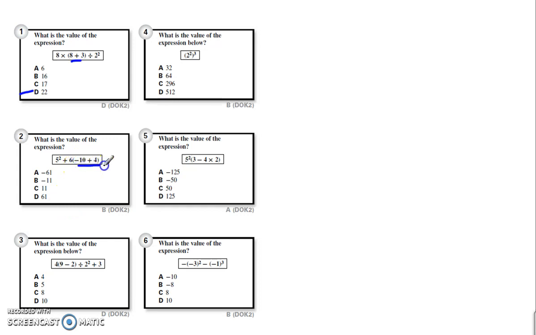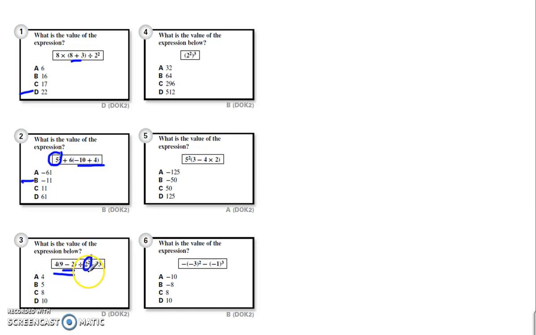Here, parentheses first, then the exponent, then multiply these two, and last thing you do is add them. That's B. If you've made mistakes, go back through, see where did you mess up on your steps. Parentheses first, exponents next, then you multiply these two, then you divide, and then you add the 3.